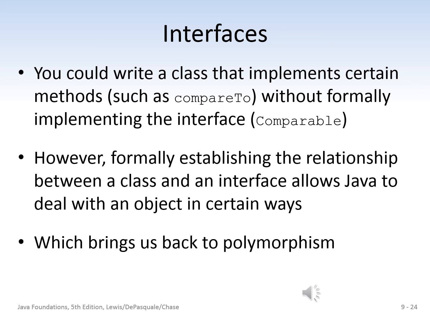An example here would be if we want to implement the compareTo method without implementing the Comparable interface. However, formally establishing the relationship between a class and an interface using the implements reserved word allows Java to deal with objects in certain ways, which, as you guessed, based upon the topic of this lecture, brings us back to polymorphism.